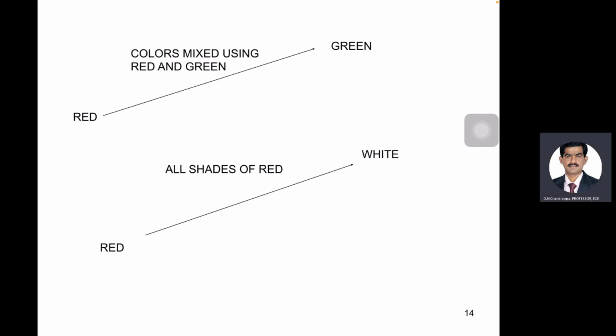It clearly indicates that mainly three colors, red, blue and green, are the dominant colors, and pink is a combination of red and white, and deep blue. So this is the basic representation of the chromaticity diagram.